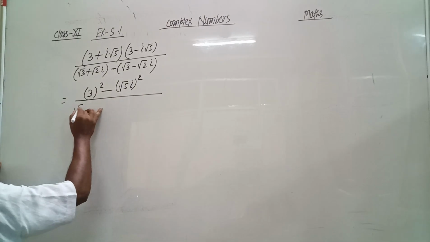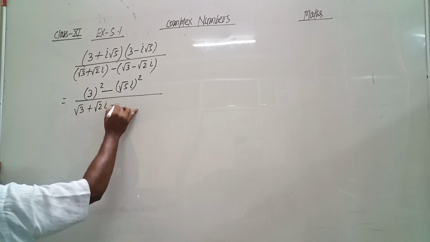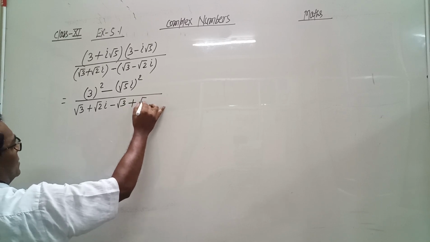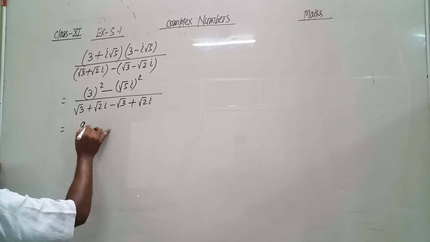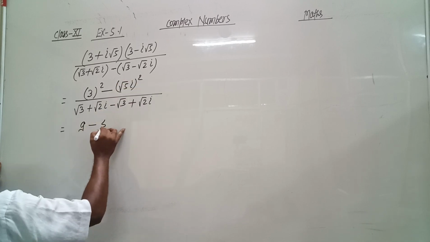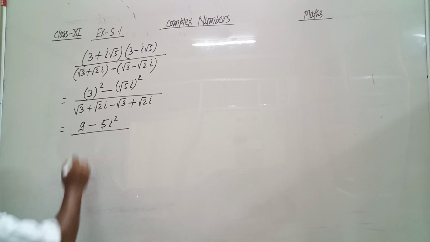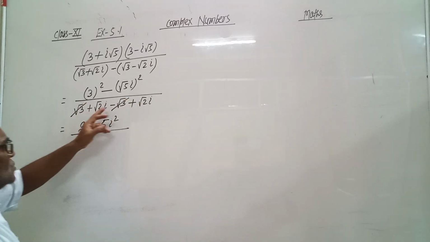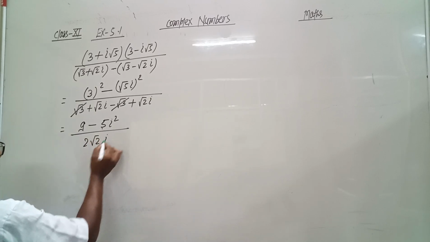So root 3 plus root 2 iota and minus root 3 plus root 2 iota. Root 3 minus root 3 gets cancelled, and root 2 iota plus root 2 iota we get 2 root 2 iota.